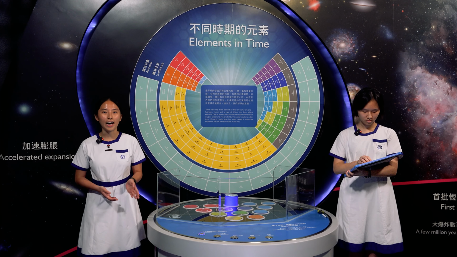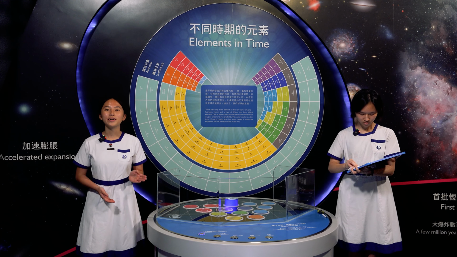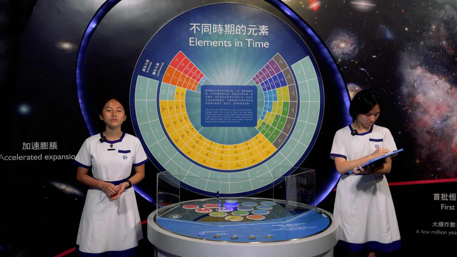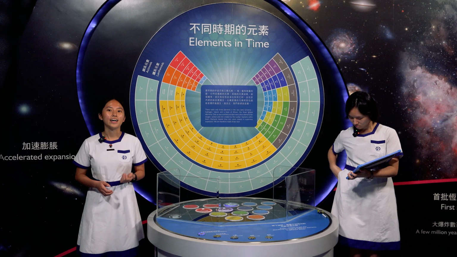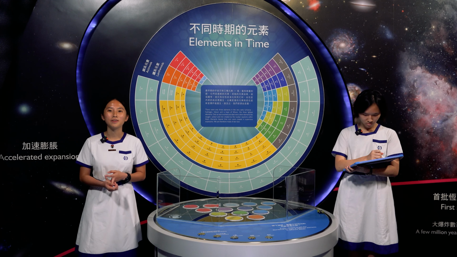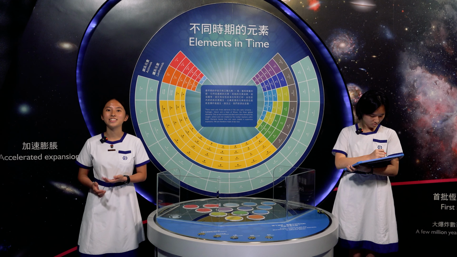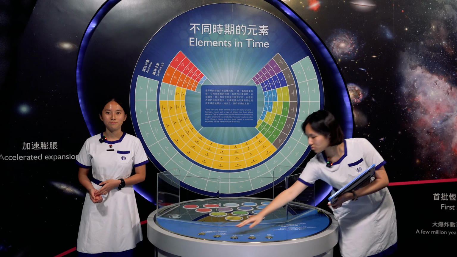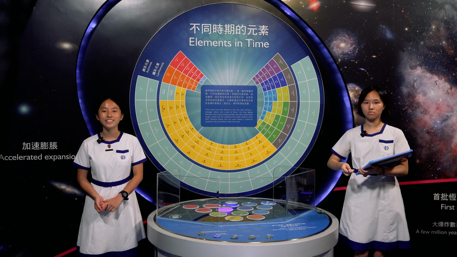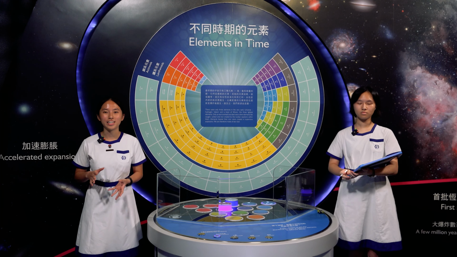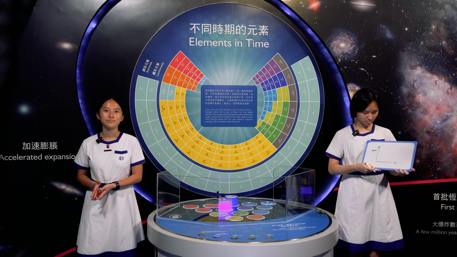After burning through its hydrogen fuel, it becomes a giant star and then starts to fuse heavier elements like helium, carbon, neon, oxygen, silicon, and on and on. The heavier a star is, the heavier the elements that it can fuse are.